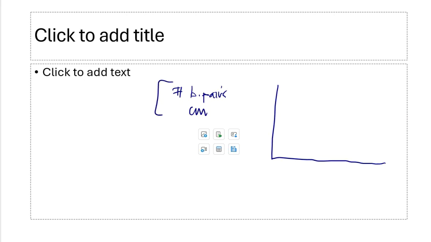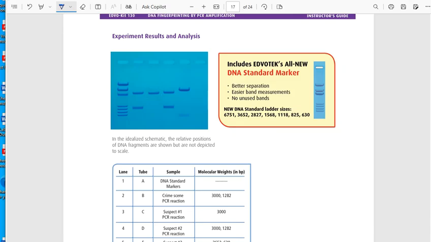So you've got to figure out which one of these is the x-axis and which one is the y-axis. And do we have to modify anything, right? That's the other thing. Do we just plot straight up base pairs? Hint, hint, hint. Do we just plot straight up centimeters? Well, we need to do Excel, and we need to do a regression line, and we need to go in and do a y equals mx plus b. That's what we're trying to do here.